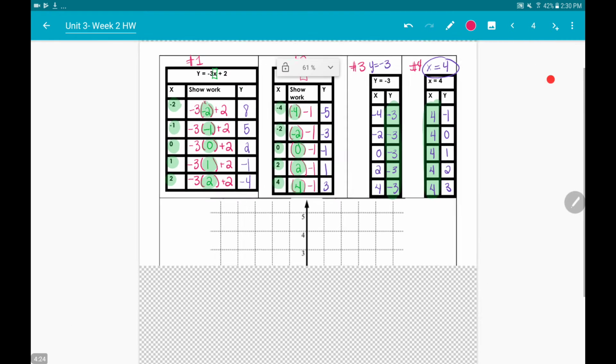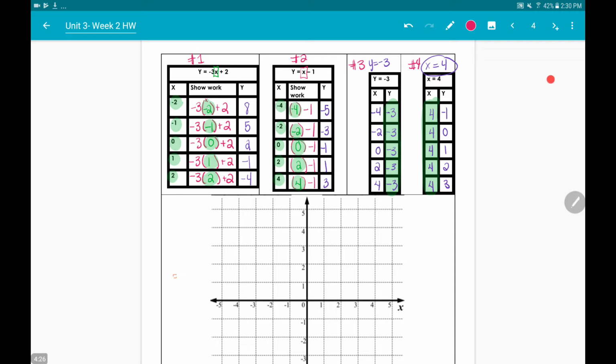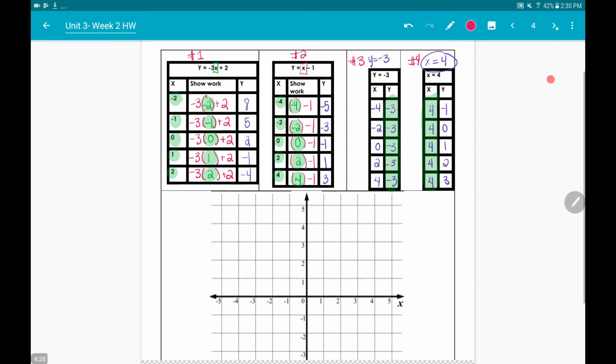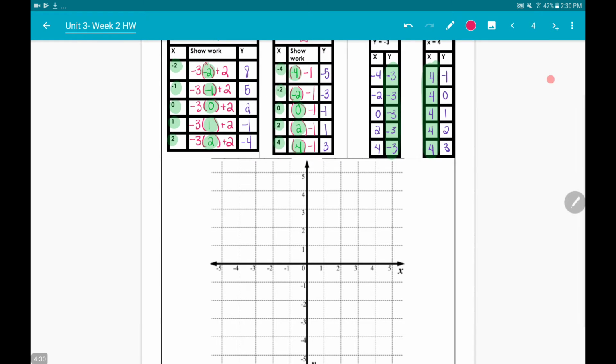So I'm going to zoom out a little bit. Okay, so the first thing I'm going to plot for number 1 is my coordinate -2, 8. So that doesn't fit on my graph, so that one's okay. My next one is -1, 5. -1, 5, that's this coordinate right here. Then 0, 2. 1, -1 is right here.